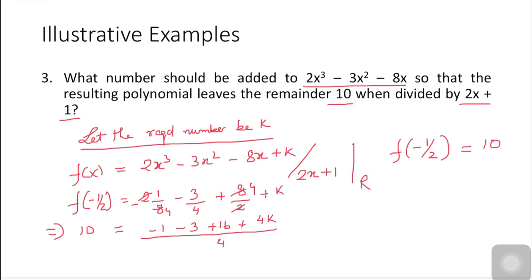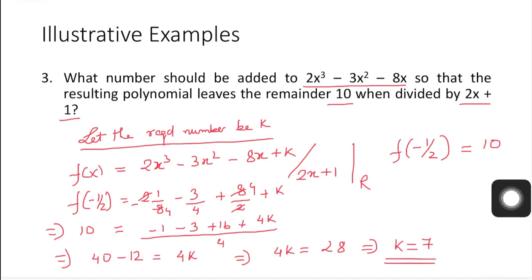So 16 minus 4, that is 12, and we have 40. 40 minus 12, that is equal to 4k, or 4k is equal to 28, or k equals 7.